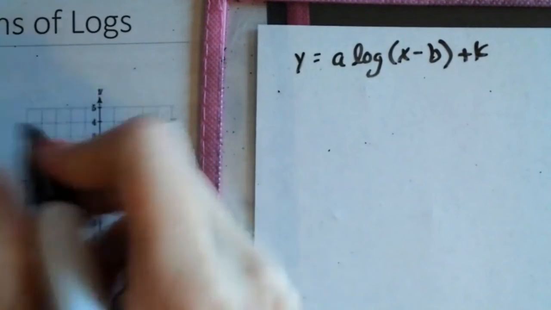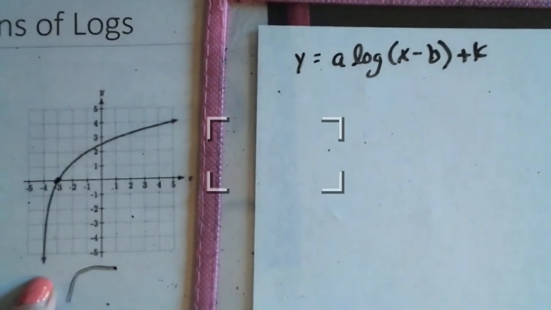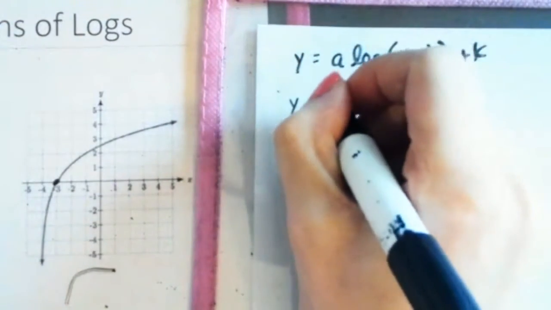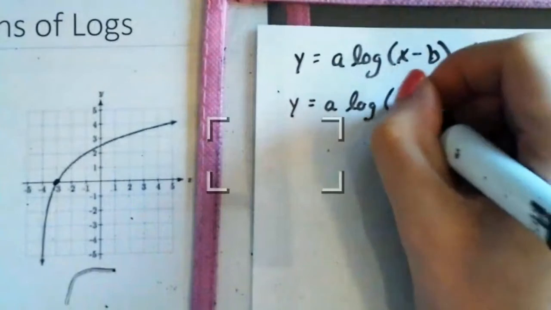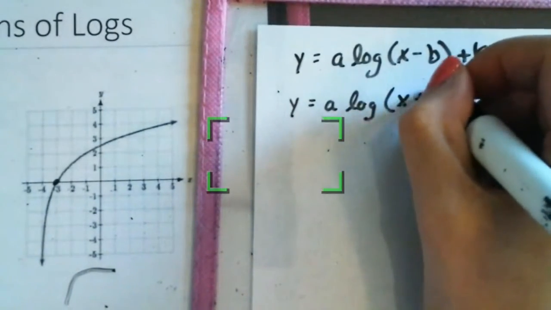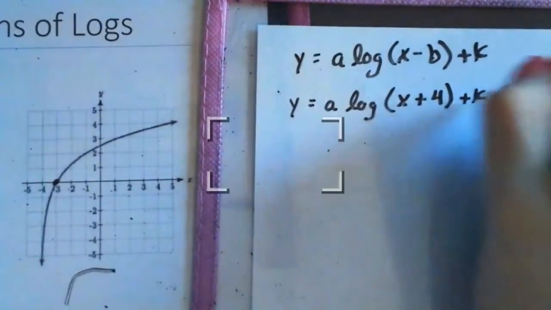I'm going to start by plugging in my horizontal intercept at (negative 3, 0). Oh, sorry. We know that our vertical asymptote is at negative 4. Let's plug that in first. So y equals a times the log of x minus a negative 4. So that turns into x plus 4 plus k.